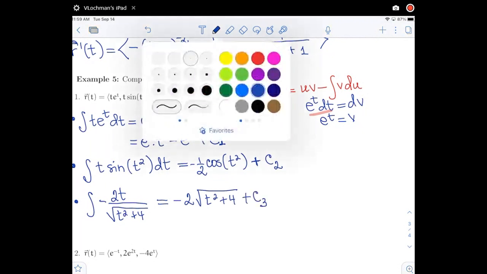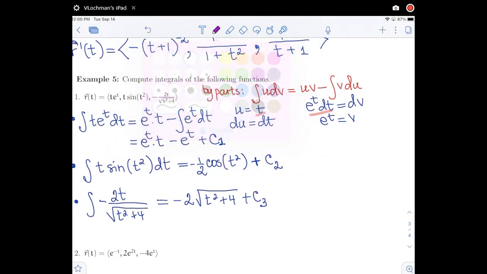So our final answer is then a vector valued function, right? Let's call it capital R of t. What is it? First component is e to the t times t minus e to the t. Second component is negative 1/2 cosine t squared.